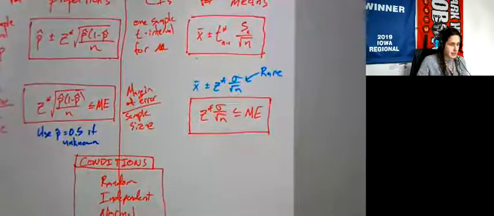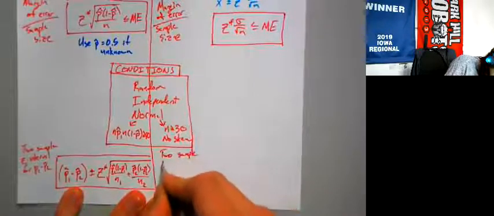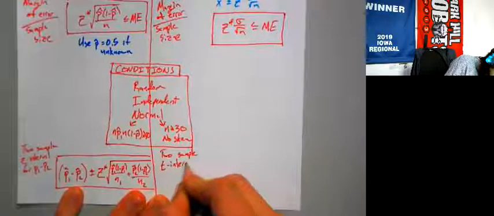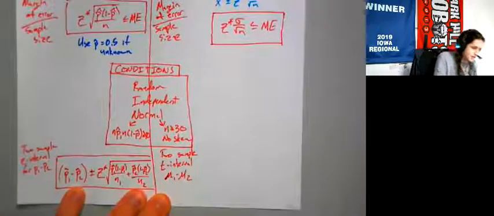Okay, and last thing we're going to need on here down at the bottom is our 2 sample t interval. Not for p1 minus p2, but rather for mu1 minus mu2. Difference in means this time.